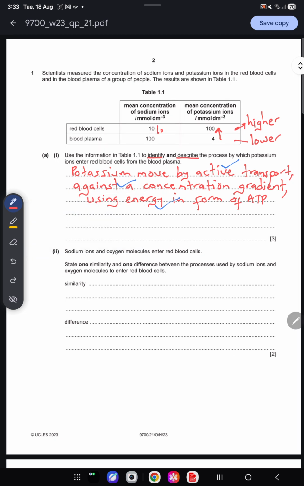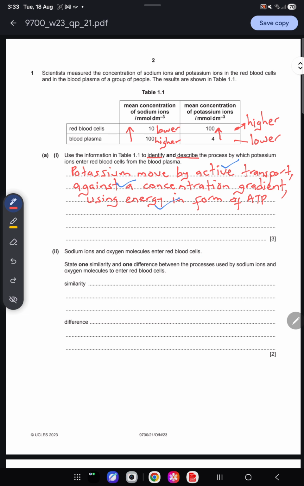So here I have a lower concentration, here I have a higher concentration. But they are moving from blood plasma into red blood cells. So that means the sodium ions are going to move by diffusion. Because even oxygen molecules enter red blood cells by diffusion.